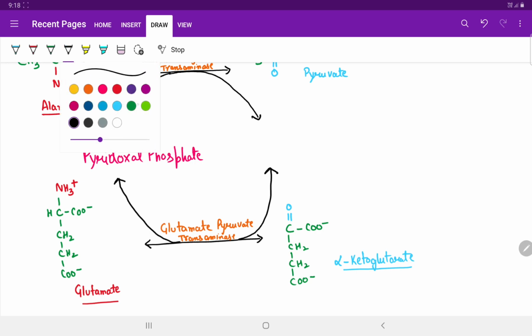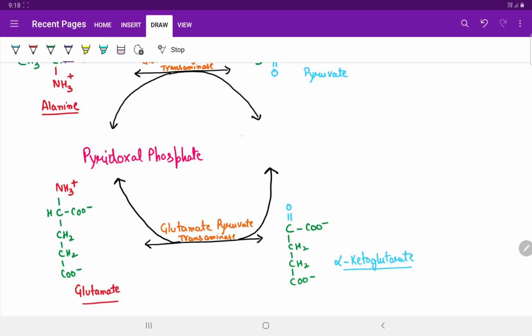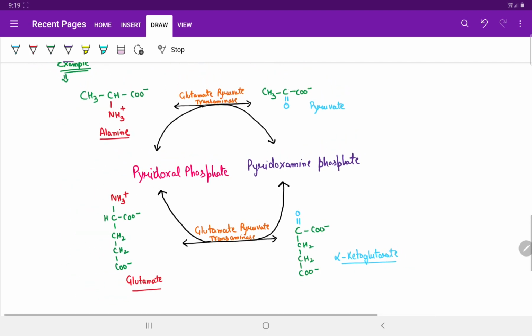So the other compound that is formed is pyridoxamine phosphate. These are the intermediates. So this is a general reaction for a transamination. You can see amino acid 1 and 2 and ultimately keto acid 1 and keto acid 2. So this was the complete mechanism of transamination.